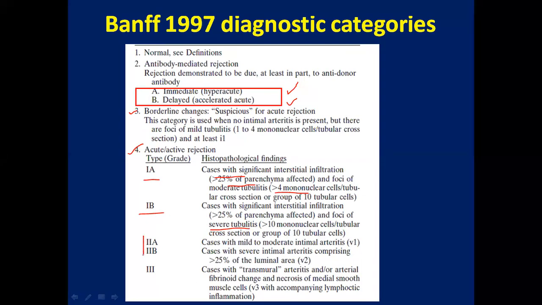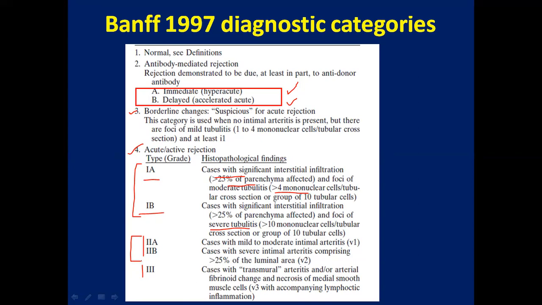The type 2 rejection was further subclassified into 2A and 2B, and type 2 and 3 mean that there is a vascular rejection. 2A, 2B means there is a mild vascular as well as a severe vascular rejection, but 3 means there is a fibrinoid necrosis of the vessel wall or a vasculitis-like rejection. So what you have to remember is tubular interstitial rejection is 1A, 1B, which includes interstitial inflammation as well as tubulitis. Type 2 rejection includes the vascular rejection.